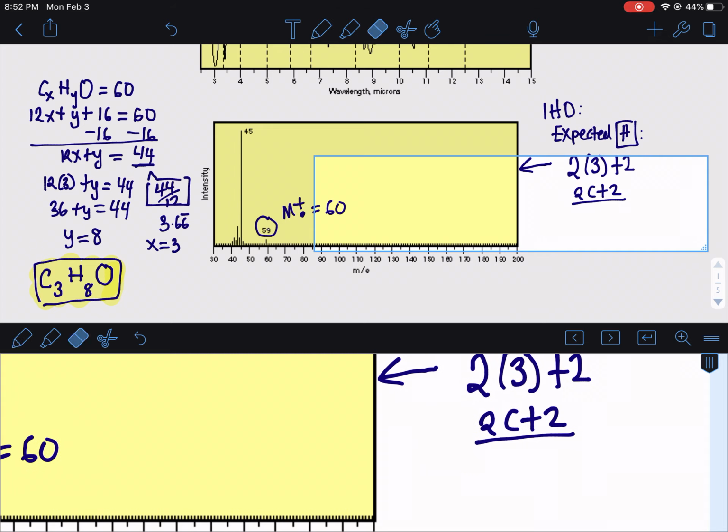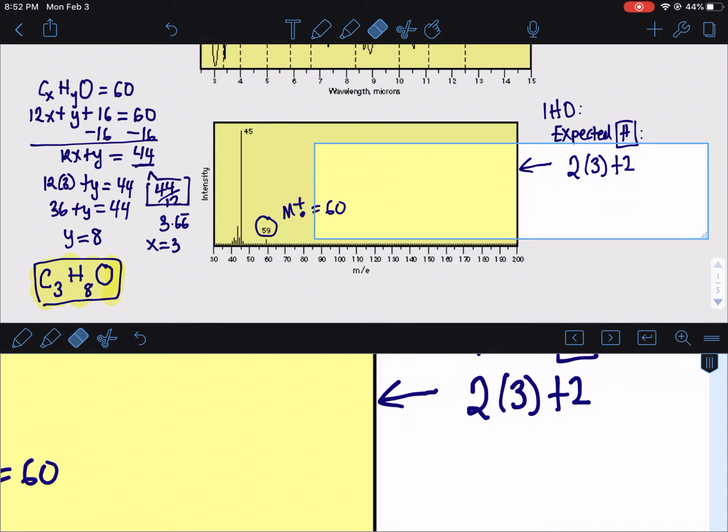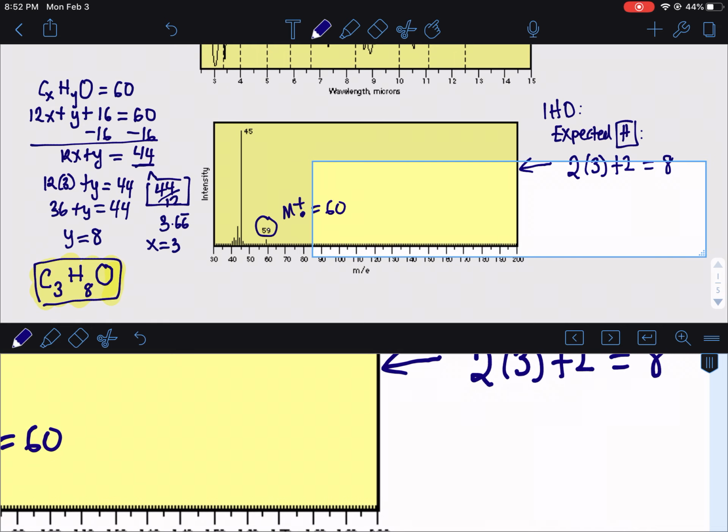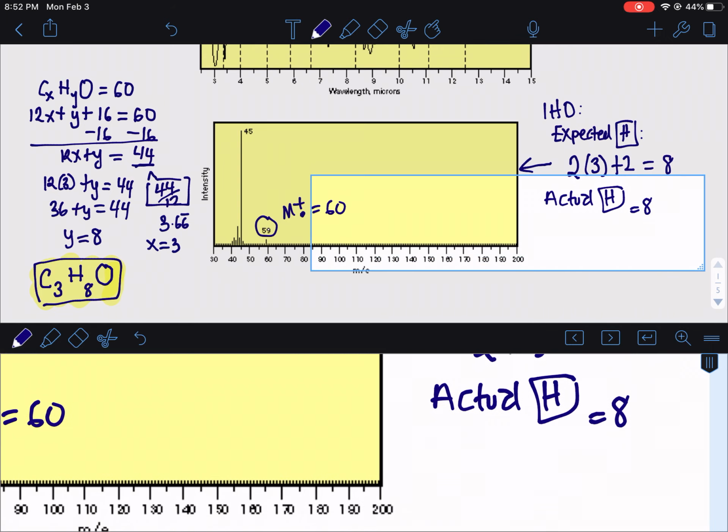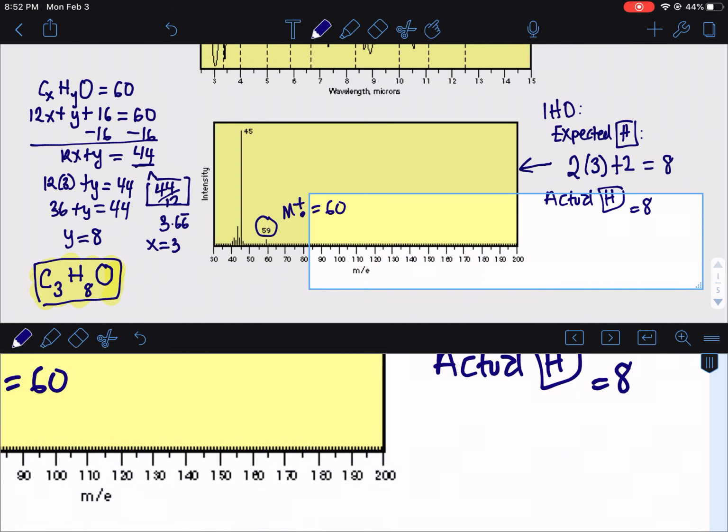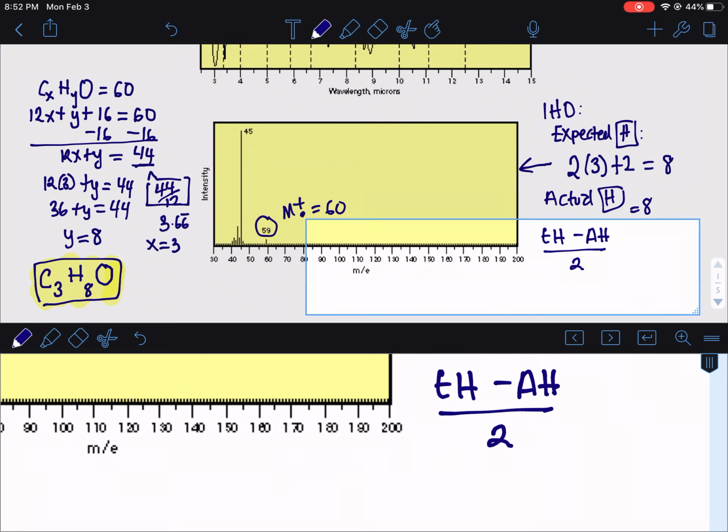In this case 2 times 3 plus 2 is 8. And if you look at our actual hydrogen, we do have 8. The way to calculate IHD is you take your expected H minus your actual H, and you divide that by 2.